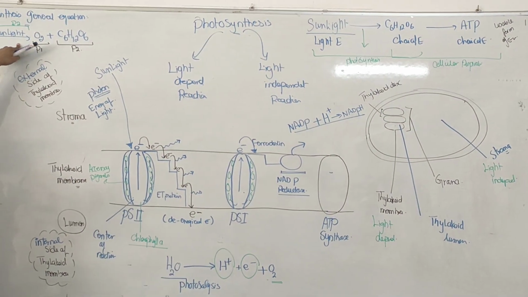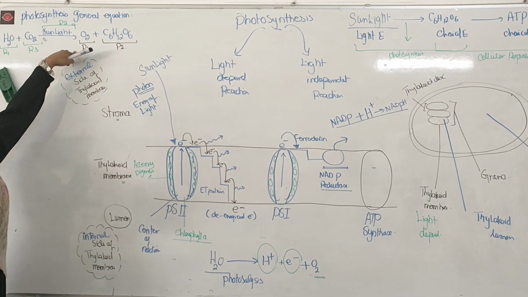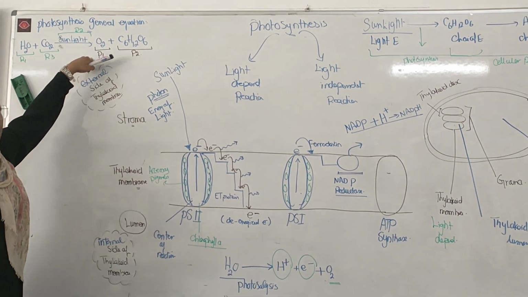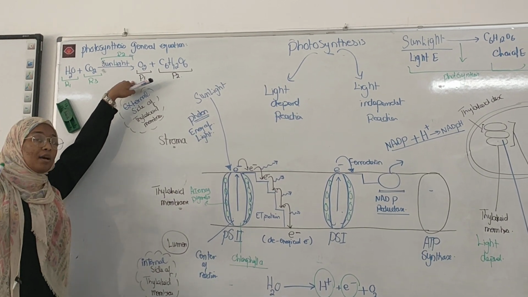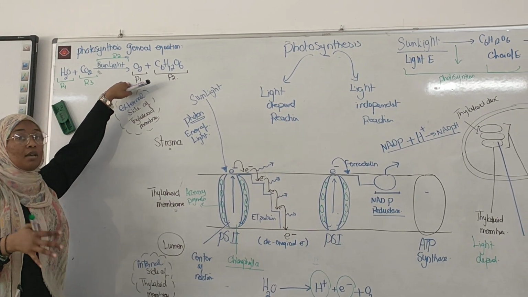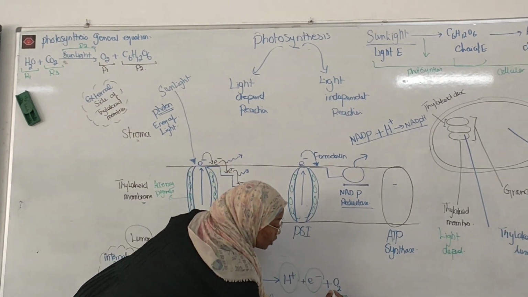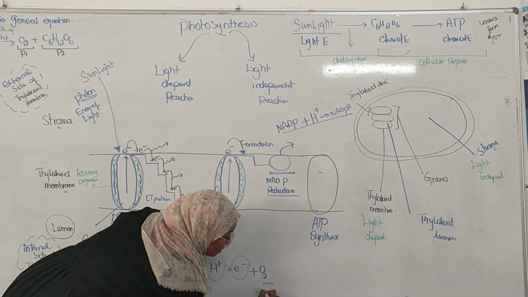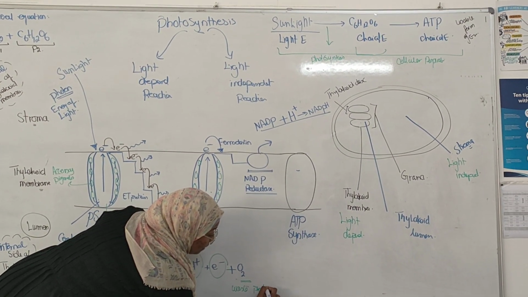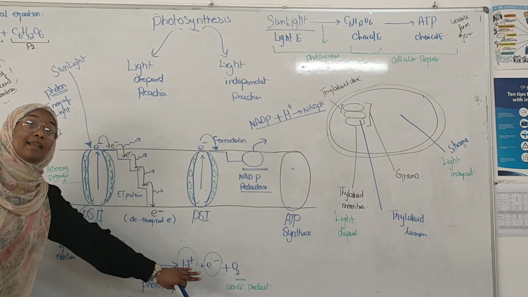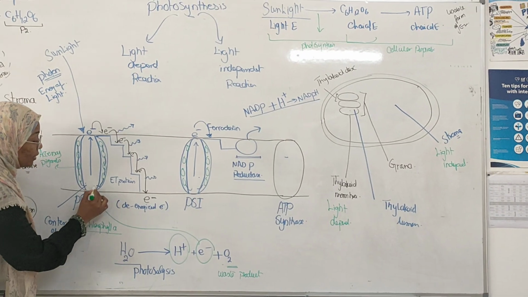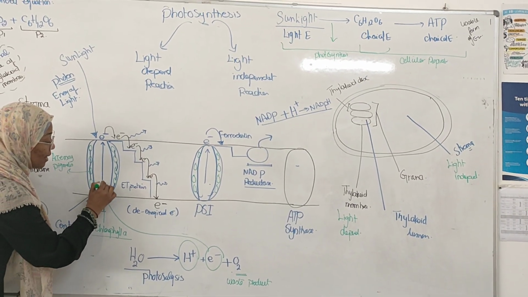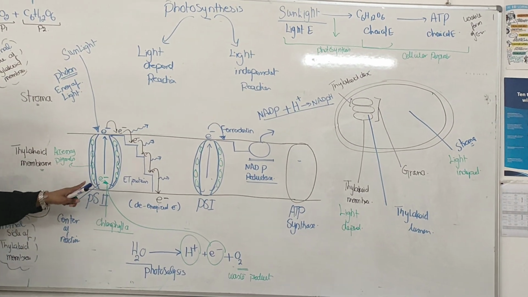Once again, back to the equation, you know that oxygen is produced as a waste product. For the plant, it's a waste product, but for all other heterotrophs, it's the main reactant. So oxygen will be released out as a waste product. So what about this electron? This electron will go and compensate for the lost electron of photosystem 2.